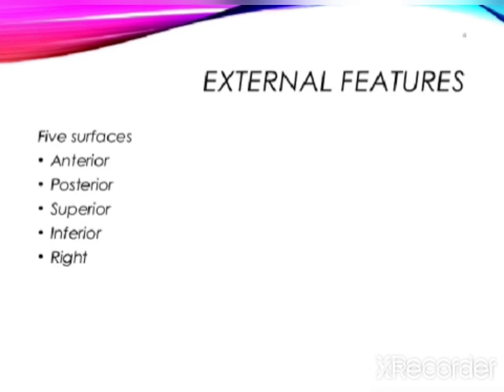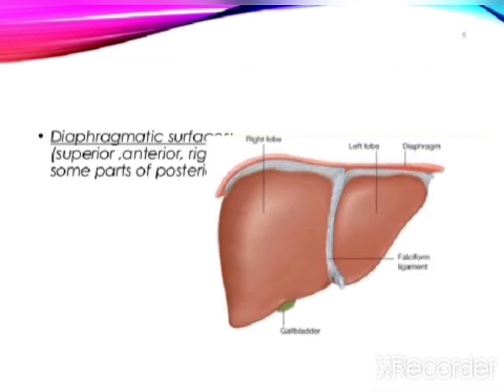Out of these, the inferior surface is well defined because it is demarcated anteriorly by a sharp inferior border. Only the inferior surface is well defined, the others are mixed surfaces. The diaphragmatic surface is the superior, anterior, right surface, and some part of the posterior surface.